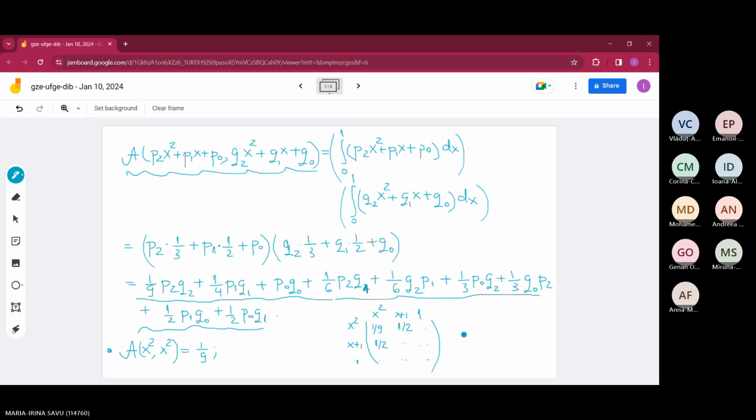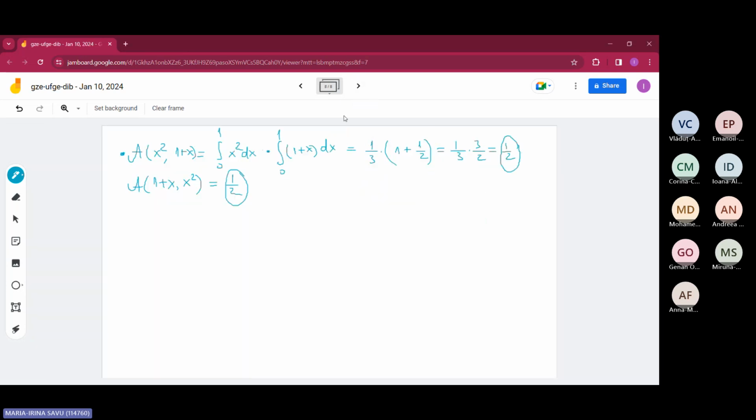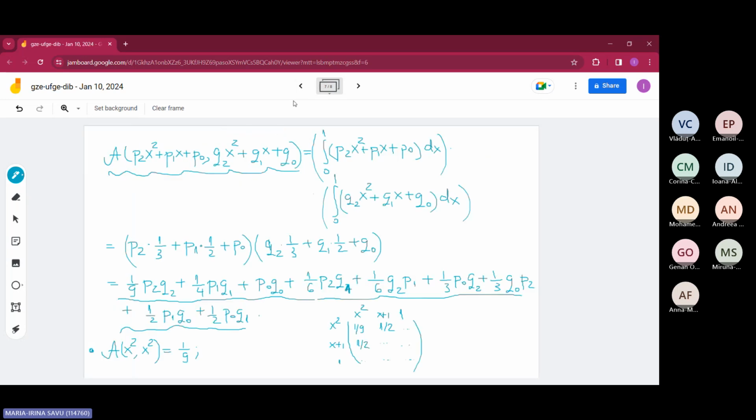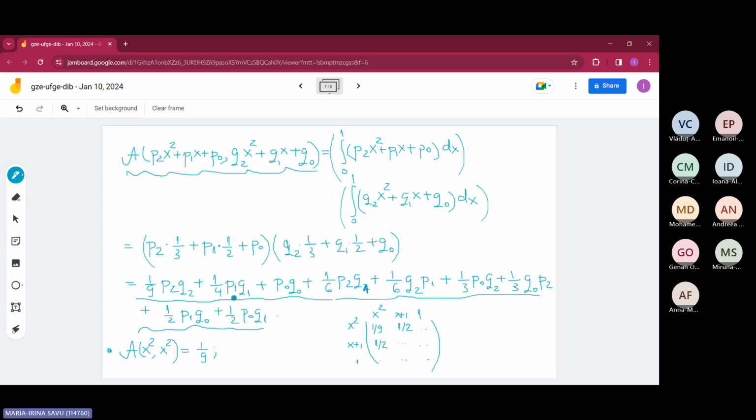Or you can use this in order to compute this matrix, but the idea is the following. When you get this result, you must express it using the basis which is given to you.